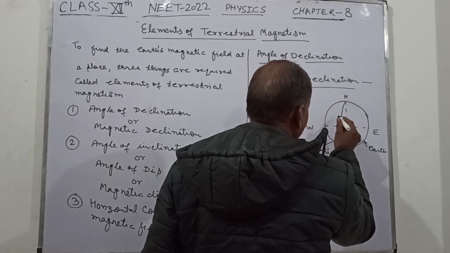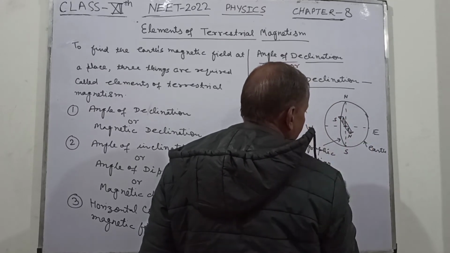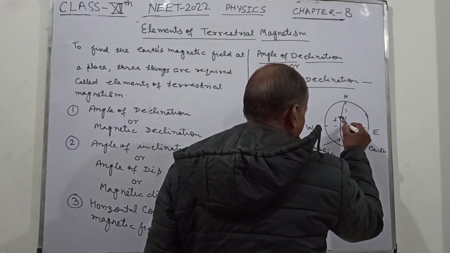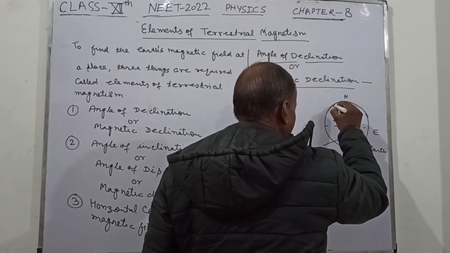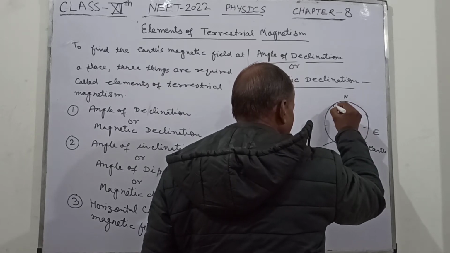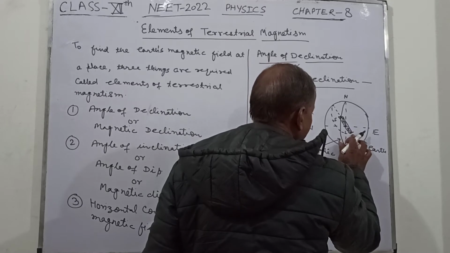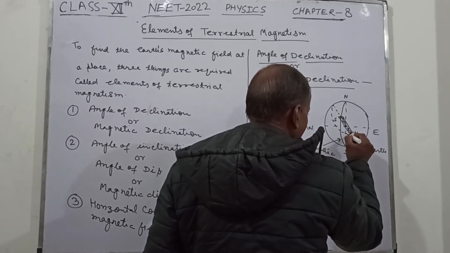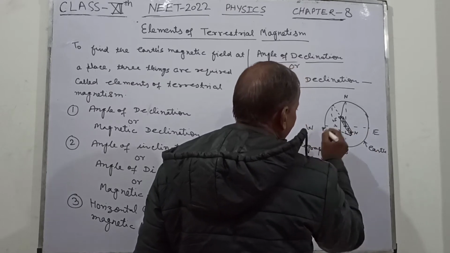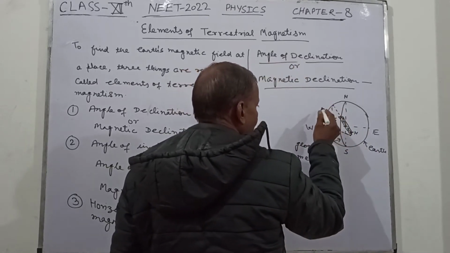Then this is the south of this magnet and this is the north of this magnet. So this is the line, that is the axis, and then we draw a plane perpendicular to the plane of this magnet, like this.